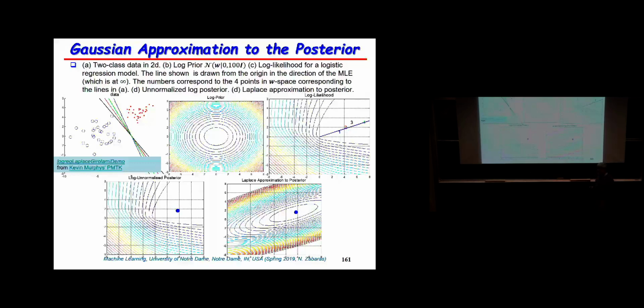The answer is yes, we understand, it doesn't. But maybe the results are satisfactory. When we do predictions with this model, I'm going to show you that the Laplace approximation is not as bad. But you can question it, because the contours of the posterior don't look anything close to the contours corresponding to a Gaussian.